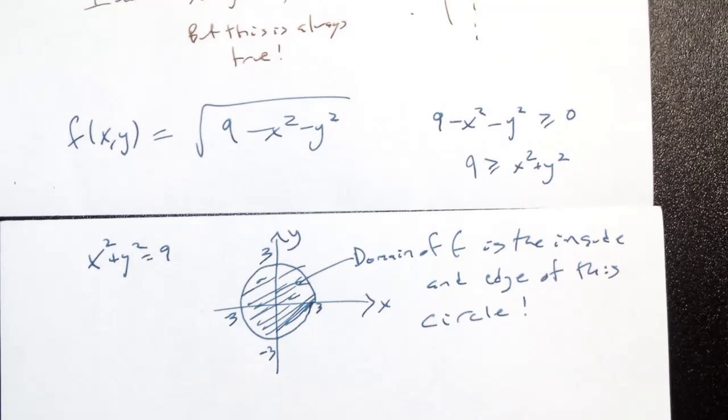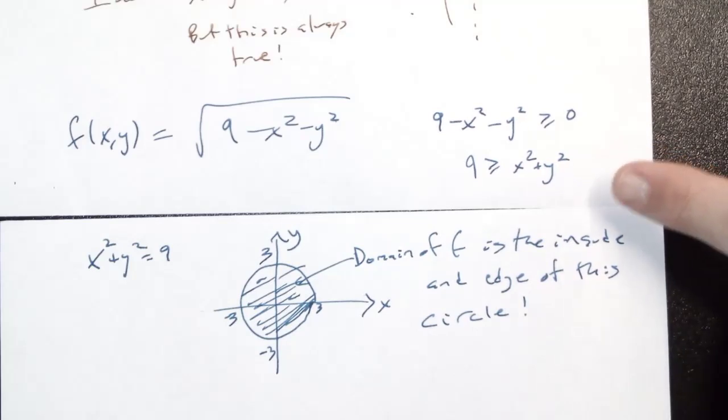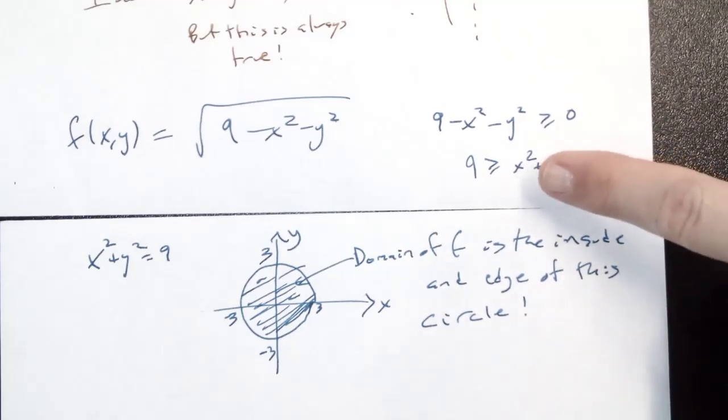The domains are dependent on each other. Next, there's only one domain. It is a set in x and y, and those variables are related to one another through that equation, right? The distance from the origin must be less than the square root of 9.